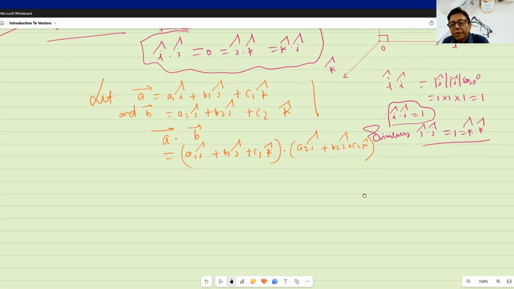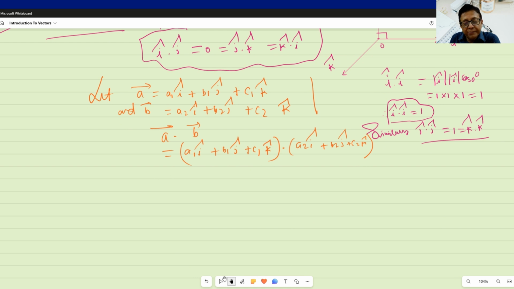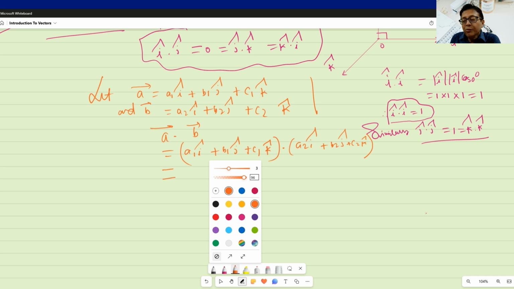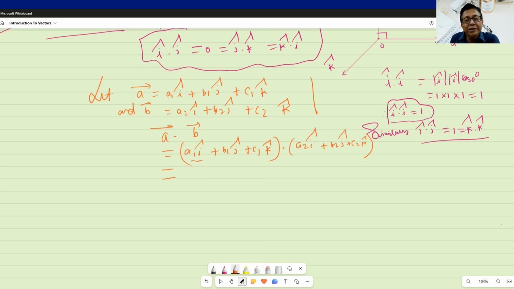Now, if we go multiplication step by step, like you are taking the dot product of A1I with A2I, I dot I will be there. A1 A2 I dot I. I dot I, you know, you put the value. A1 B2 I dot J plus A1 C2 I dot K. Okay?